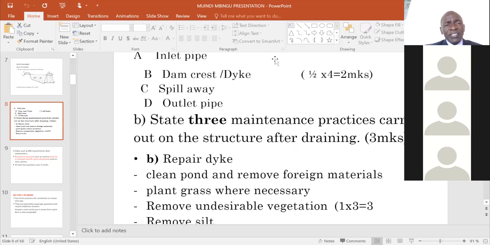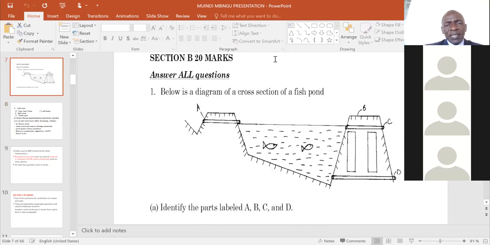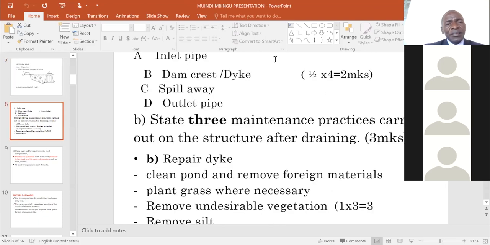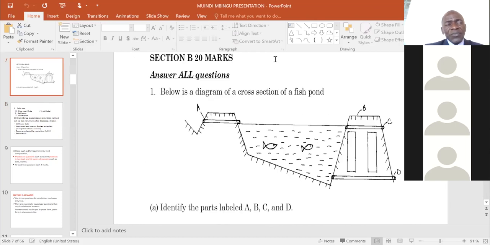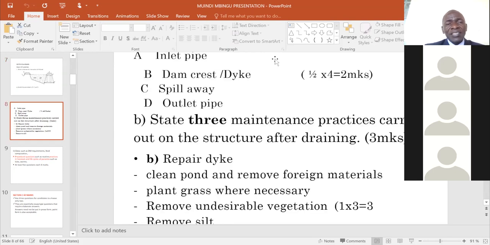That would be incomplete and will not be marked right. Part B is dam crest or dike. Part C is spillway. And of course, part D is outlet pipe. Again, we must say pipe.